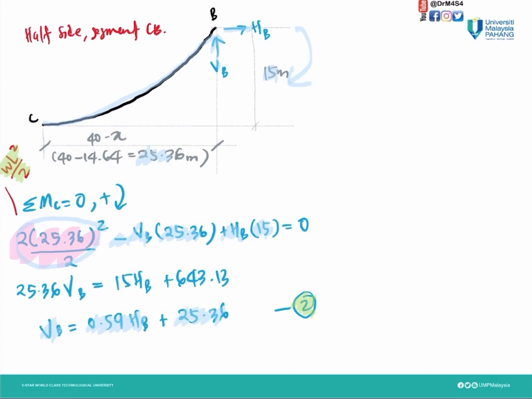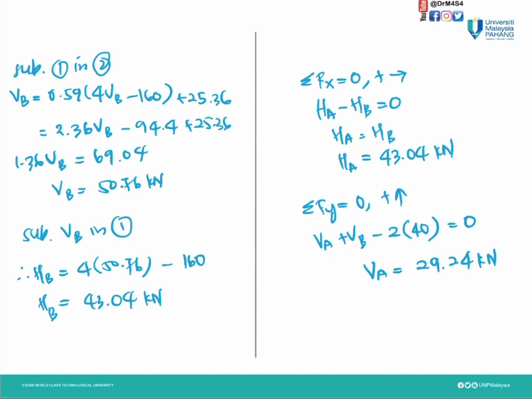So we need to solve this simultaneous equation. Substitute equation 1 into 2. We get our VB is 50.76 kN. Then substitute VB into equation 1. We get our HB equal to 43.04 kN.